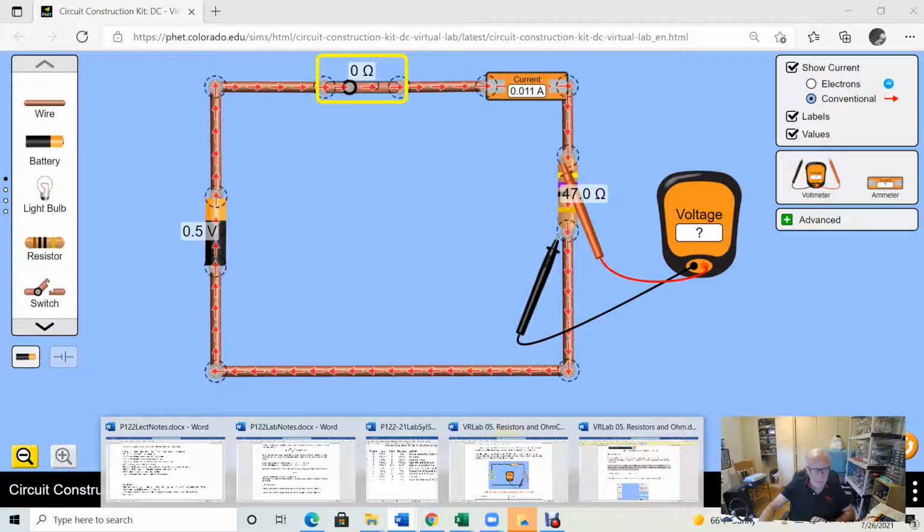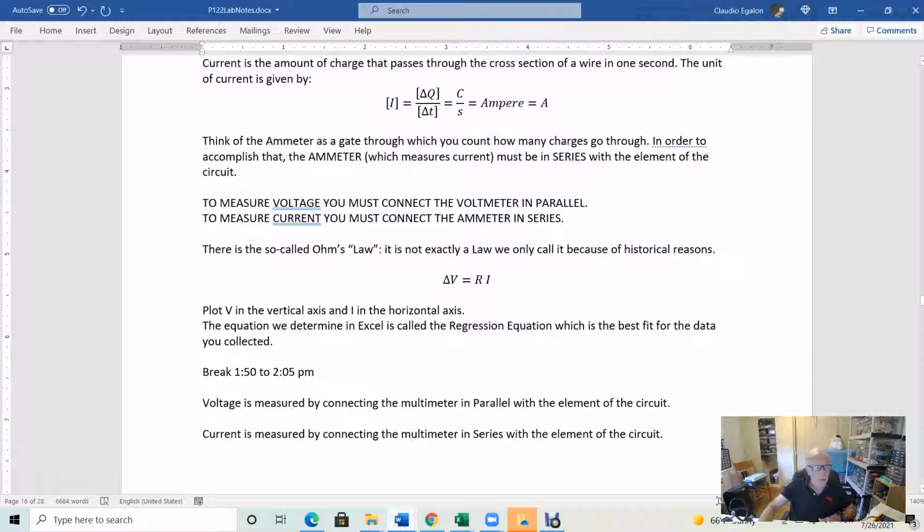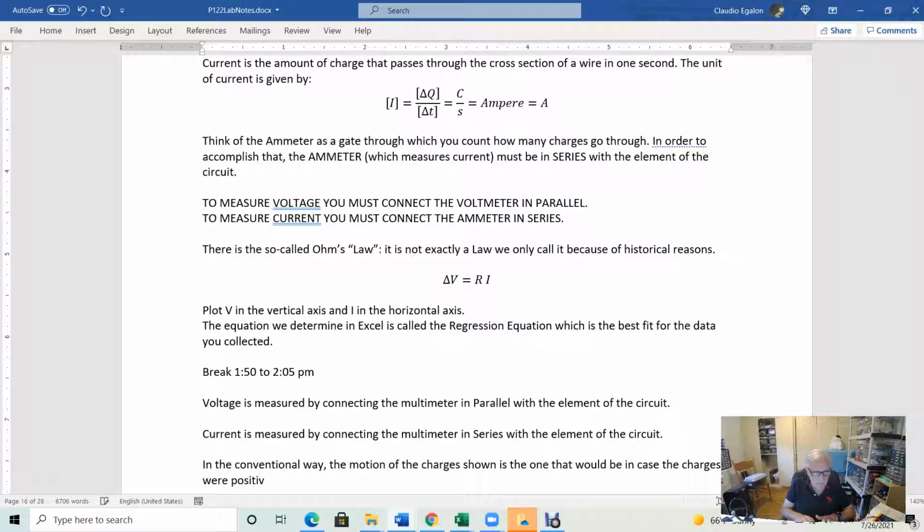I'm going to put that in the notes, okay? Lab notes. In the conventional way, the motion of the charges shown is the one that would be in case the charges were positive.